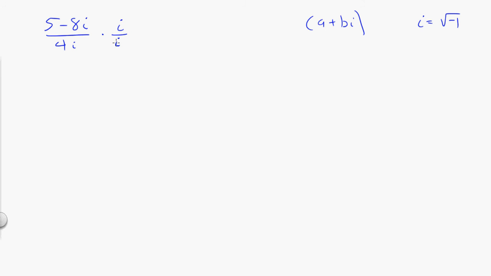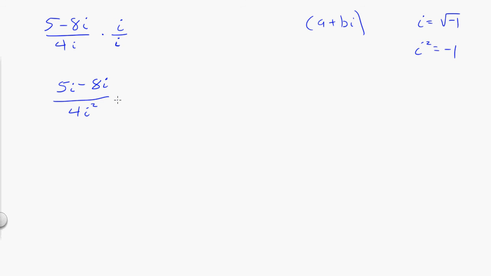So if I multiply by i over i, 5 times i is 5i, minus 8 times i squared, right? 8i times i is i squared, over 4i squared, because i times i. i squared is equal to negative 1.